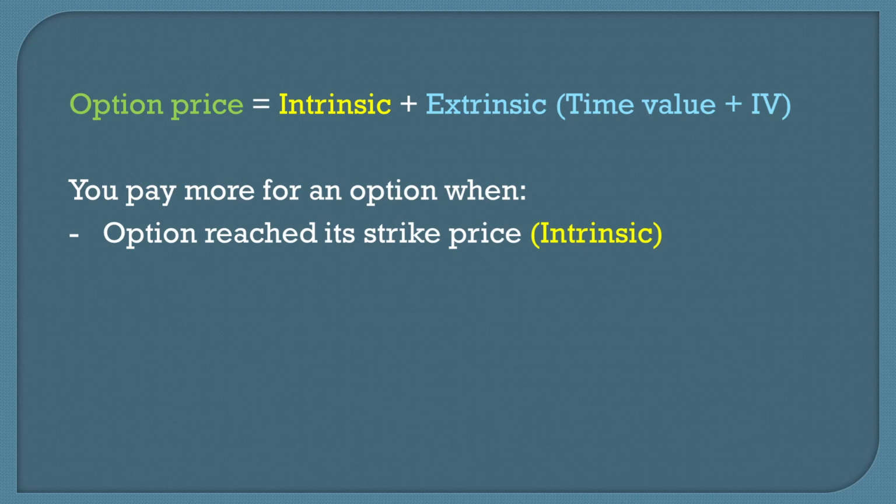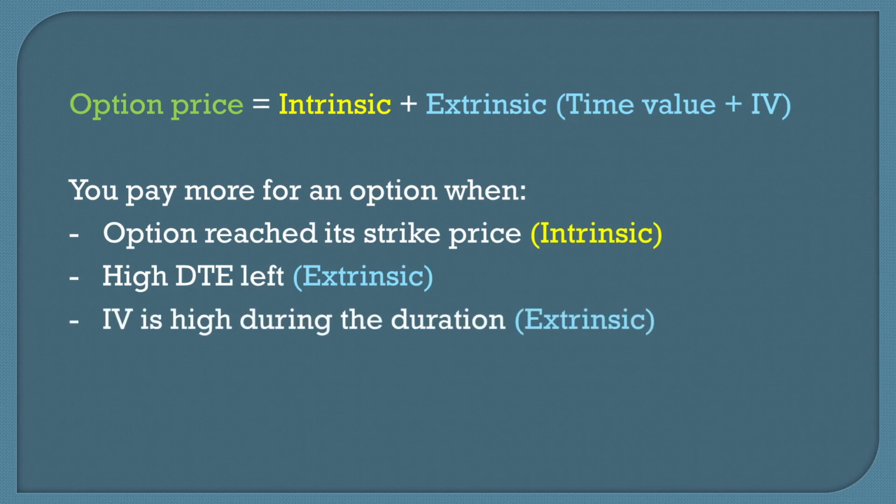So for calls, the stock price is higher than the strike price, and for puts, it's the opposite. In this case, you are paying for intrinsic value. Or when there's a high number of days to expiration remaining on your option, and in this case, you are paying for extrinsic value. And you will pay more if IV is high during the duration of your option, and you are also paying for extrinsic value in this case.